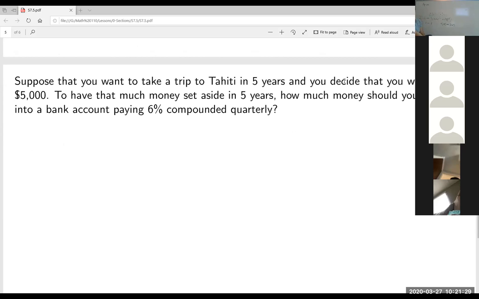How much money should you deposit into a bank account paying 6% compounded quarterly? This is the kind of real life problem we're going to be asking ourselves. So P would be 5,000.